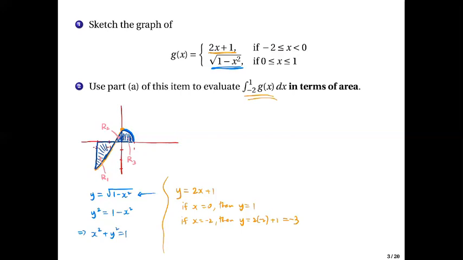If y equals 0, then we'll have 2x plus 1 equals 0, so x equals negative 1/2. This means that this point here is at x equals negative 1/2.